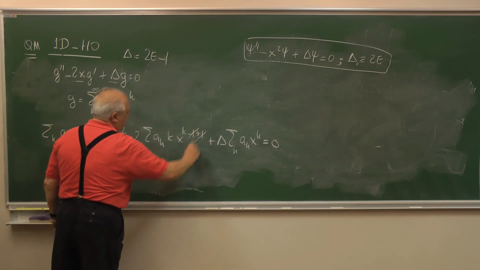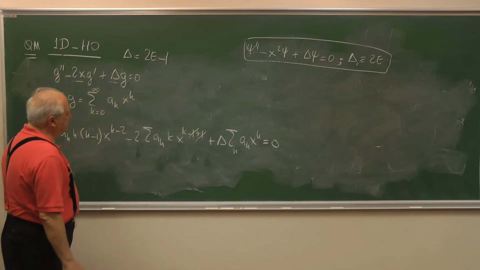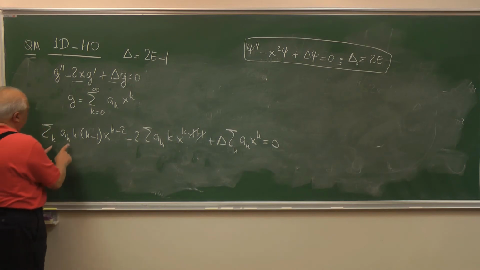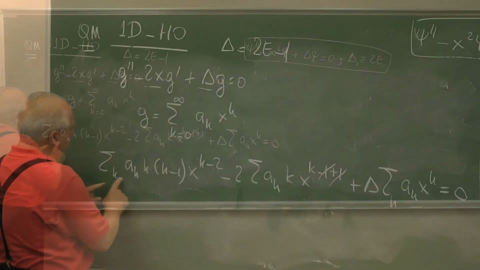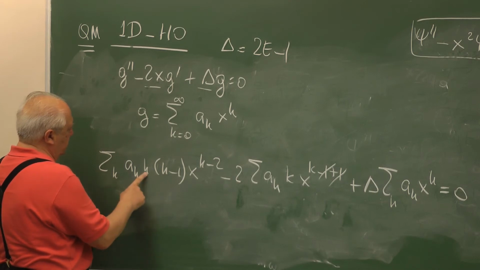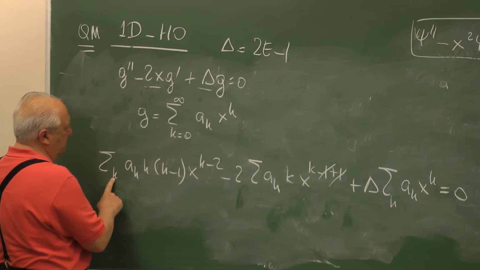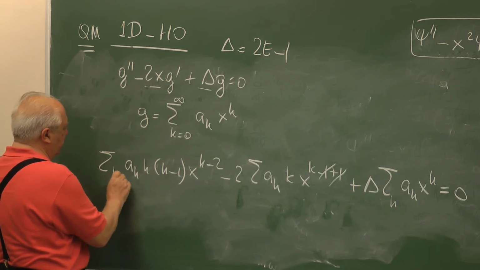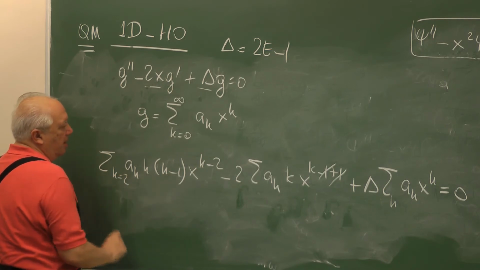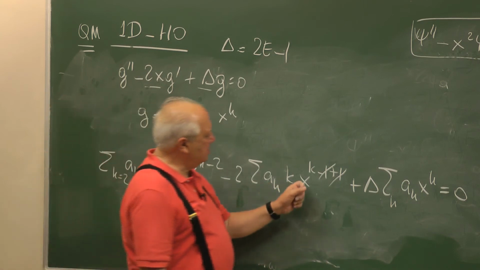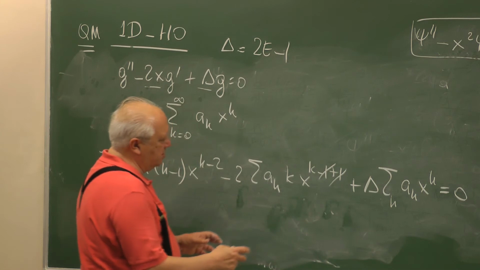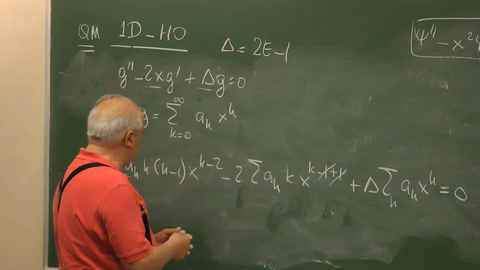Now, for k equals 0, this is 0. For k equals 1, this term is 0. So it's effectively starting from k equals 2. And here all the terms are x to the k.